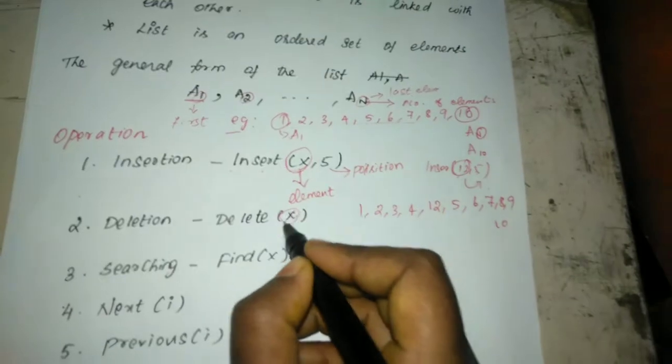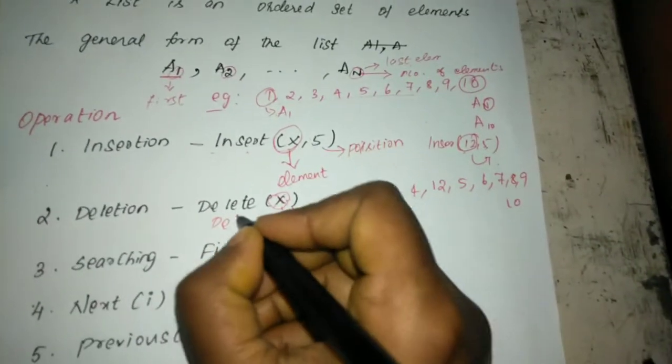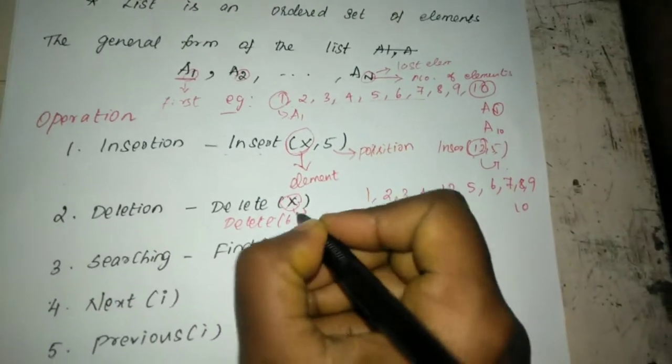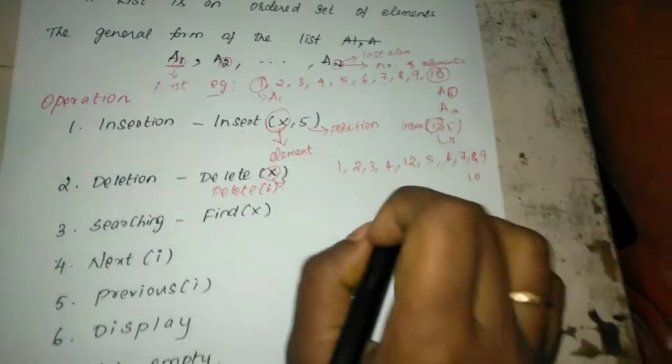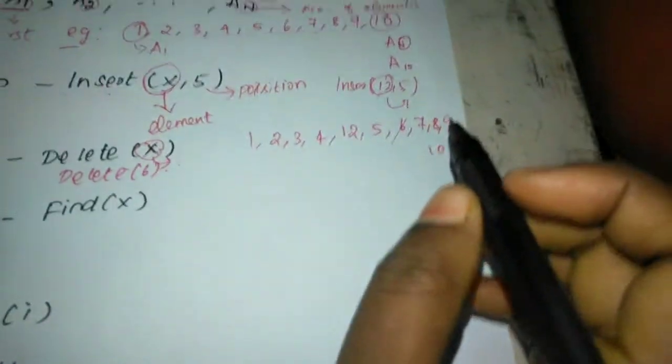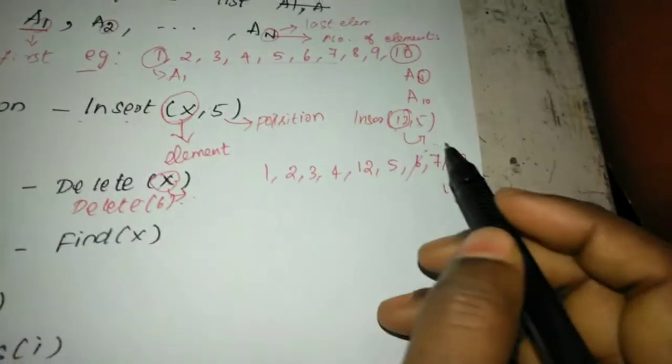Now next, deletion. Deletion means we can give any element to delete. This x denotes the element. Suppose I want to delete 6, then I can give a function like delete of 6. Delete of 6 means the element 6, not a position. It will check and find the 6.